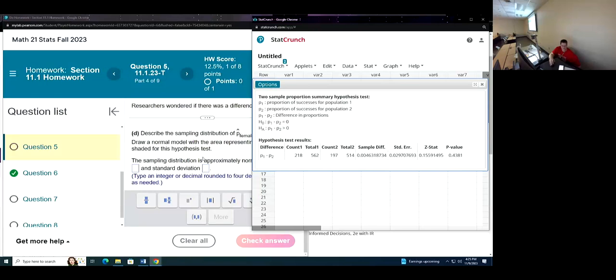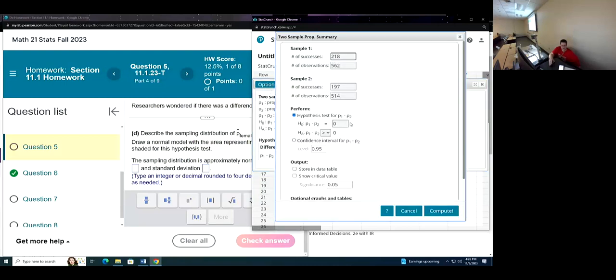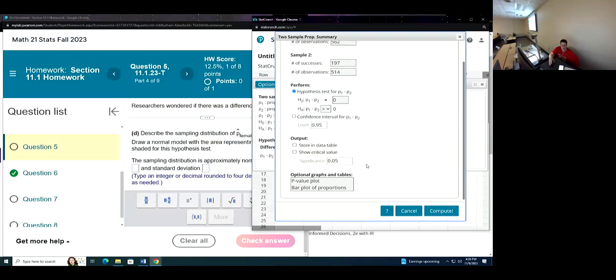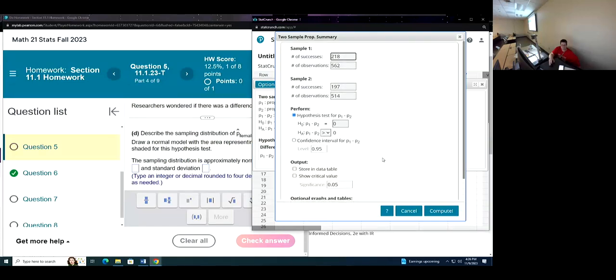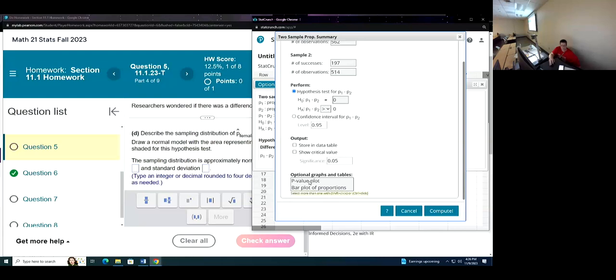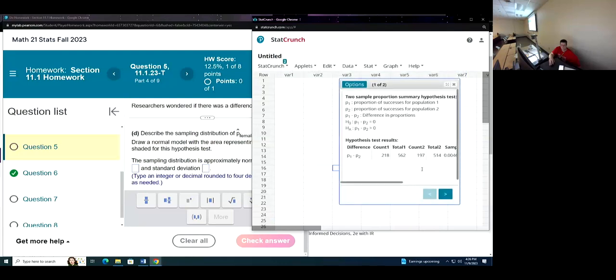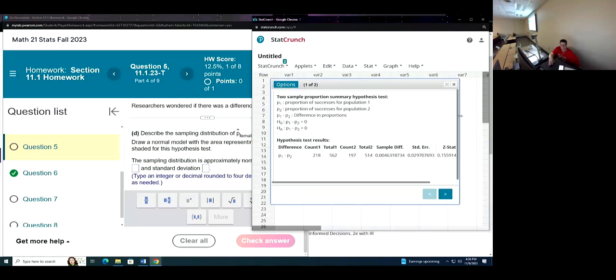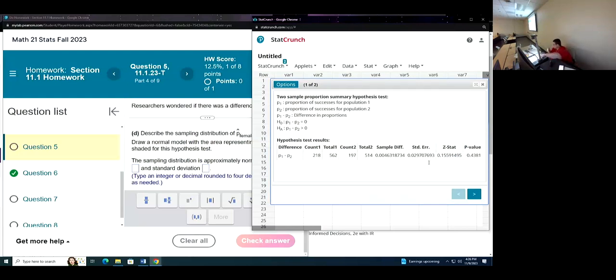And I know they said they wanted to ask us to draw a normal area model. I think I can edit this and maybe get a p-value plot. We'll check it out. Let's throw that in there and see what we get. It just might give us what we need for the next thing. So I'm going to write down the results I get here because I'm sure they're going to make us do the hypothesis test.